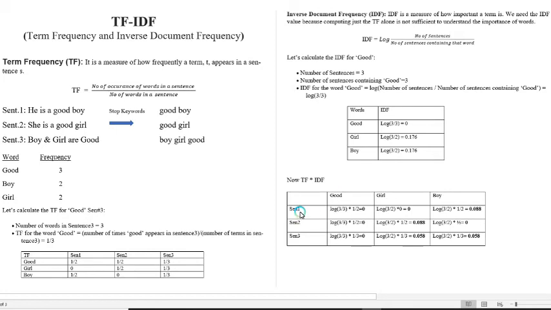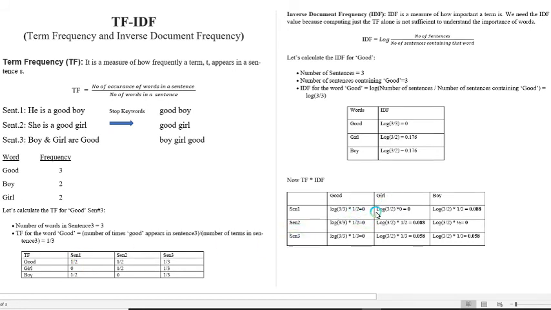So here we have made the table containing all the features good, girl, and boy, and the sentences. For the first sentence, the TF into IDF value for the word good will be log 3 by 3, which is coming from there, into 1 by 2, which is coming from here, so it will be 0.